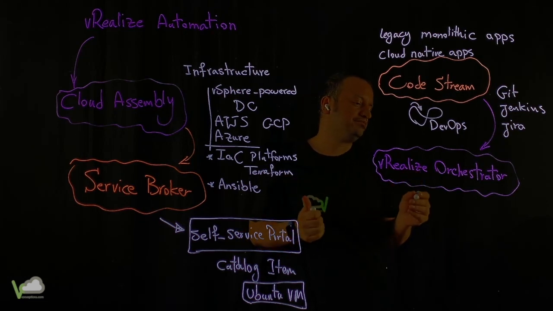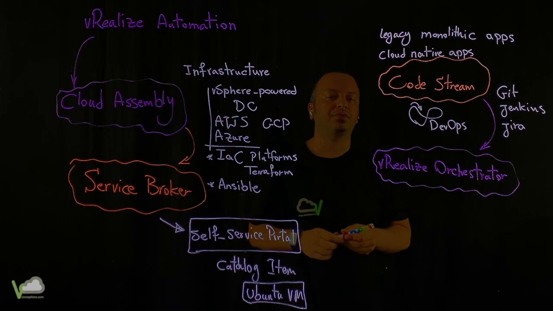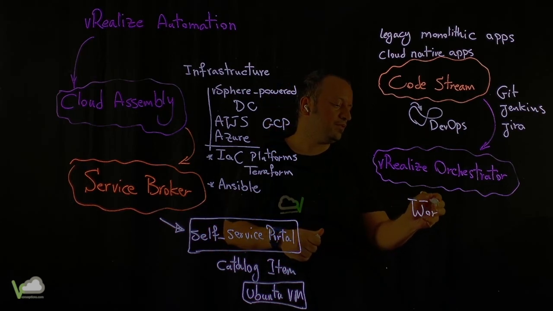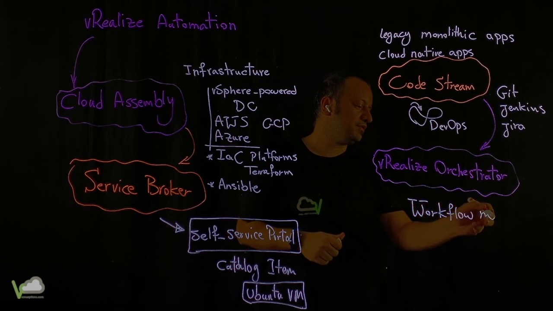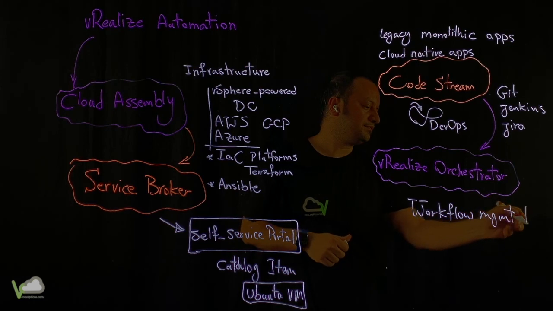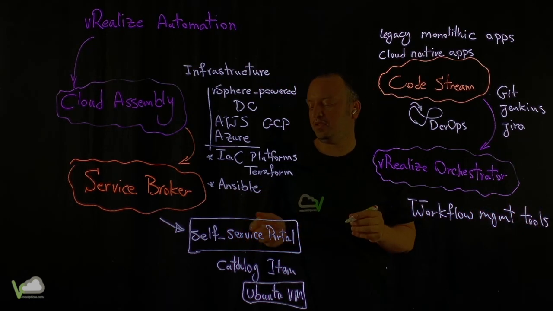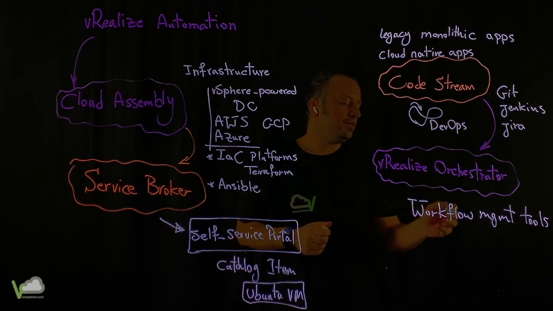So let's go to the last component, VRO or vRealize Orchestrator. You know that VRO is VMware's workflow management tool. Those day-two actions we covered here in Service Broker are typically configured in VRO.